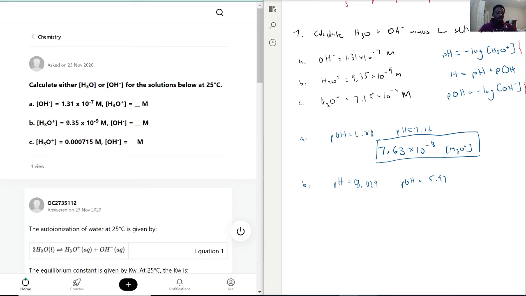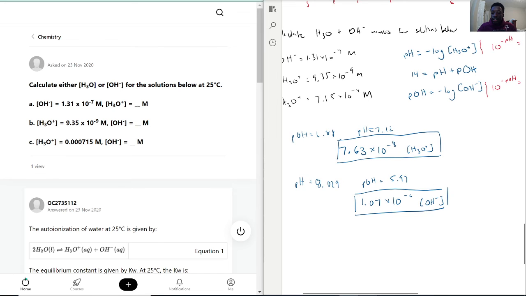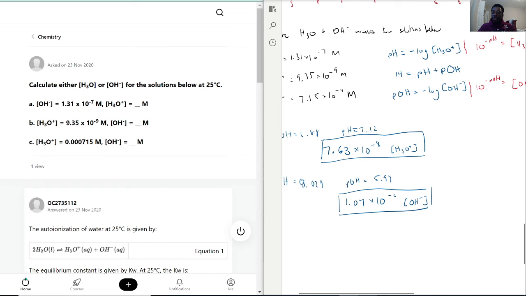Then we do 10 to the power of negative that answer to convert it back. And we get 1, 2, 3, 4, 5, 6. With 3 significant figures, we have 1.07 times 10 to the negative 6, because that's what I counted earlier. 3, 4, 5, 6. And that'll be the concentration of OH minus. As you can see, we're always using these formulas to work through, which is what we want.